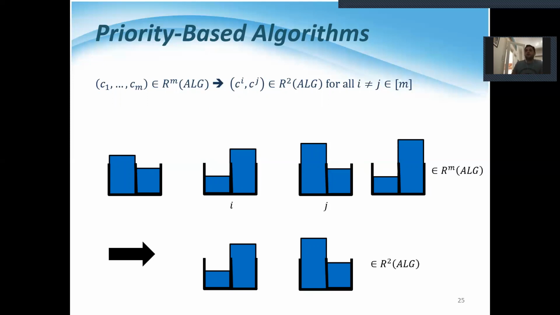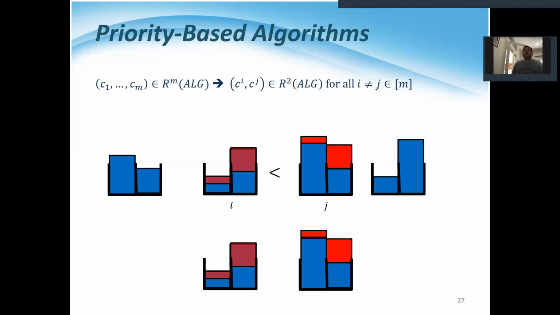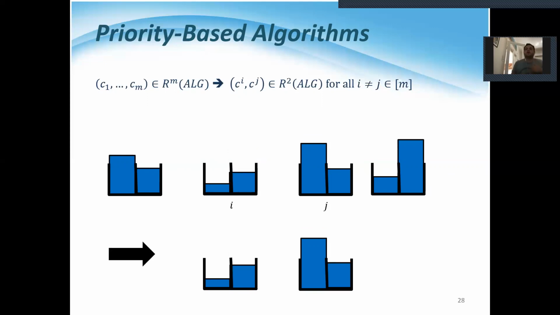So how can I show it? If I look at the last vector assigned, without loss of generality to i, then according to priority-based, I know it was better to assign it to i rather than to j. But also when I look at just the 2 machine instance, it will be better to assign it to i than to j, so I can just remove this vector and continue by induction, and this observation follows.